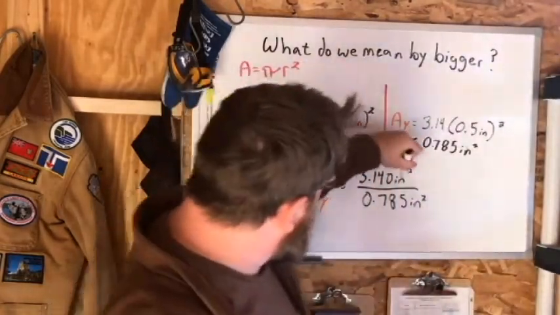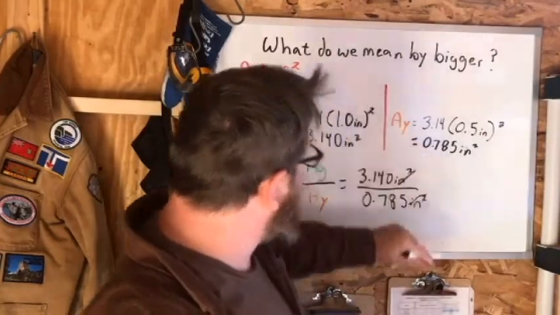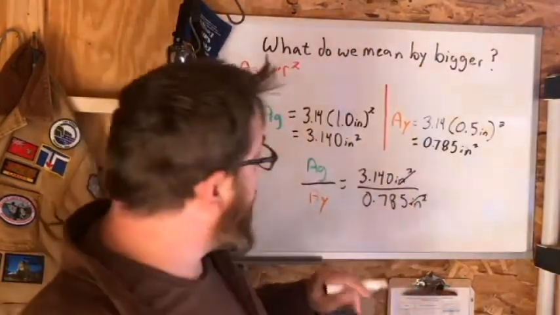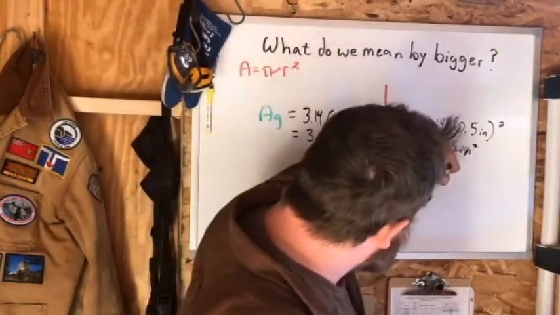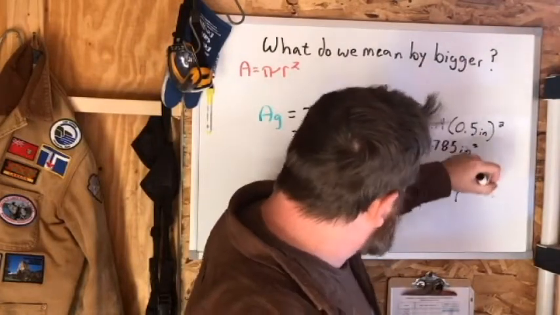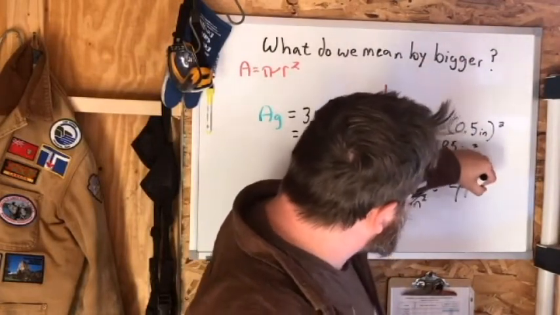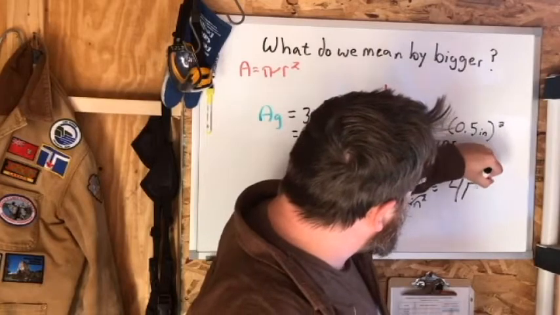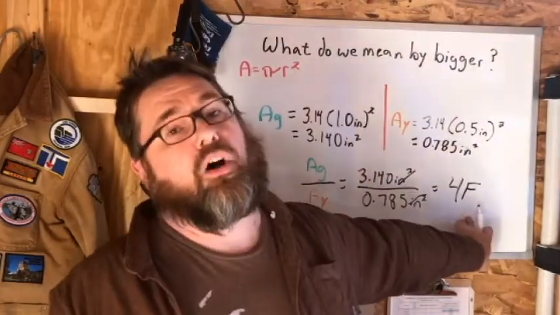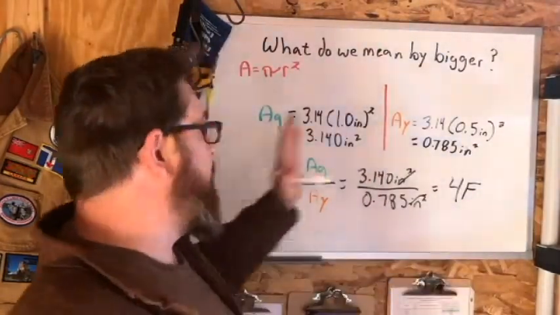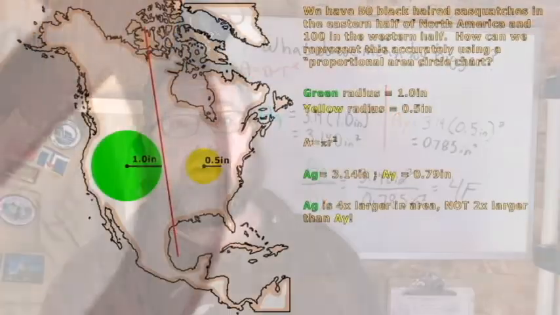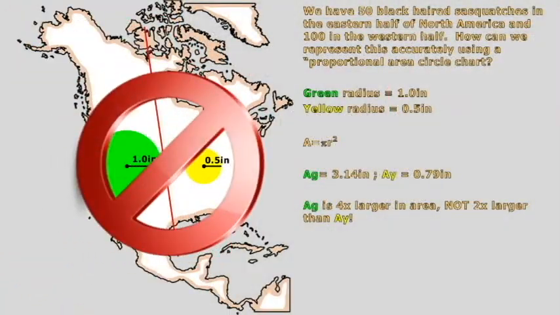And inches cancel. We can't have any decimals lingering that cancel. So we just divide these two. And the green Sasquatch circle that we drew using twice the radius is 4 times larger than the yellow one in surface area. So we gotta do something else.